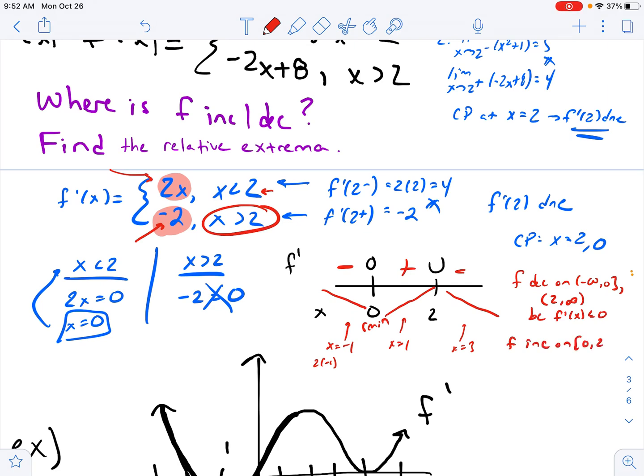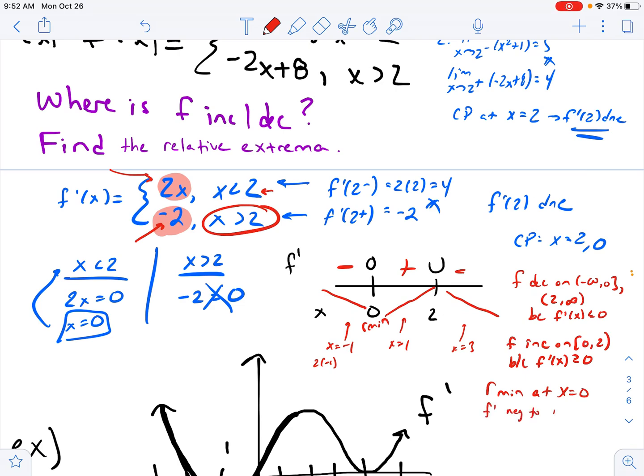F is increasing from closed 0 to open 2, because f prime of x is greater than or equal to 0 there, right? Where it's undefined, nothing going on. Okay, and we have a relative min at x equals 0.